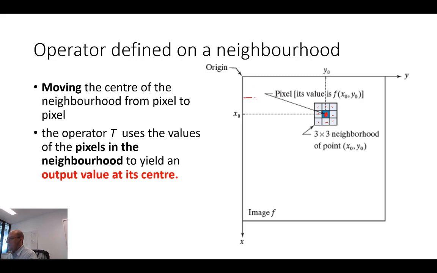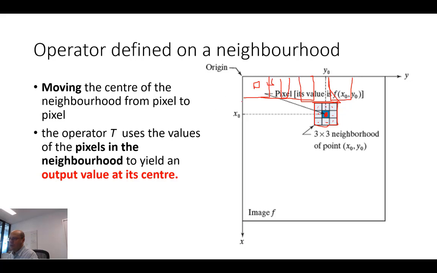And this is going to be applied on a moving center. So it's going to be applied from the top corner to this pixel, and then we are going to move it and apply it to the next pixel. Then we are going to move this submatrix, or the neighborhood, that's also called the window, around which the operator is applied.